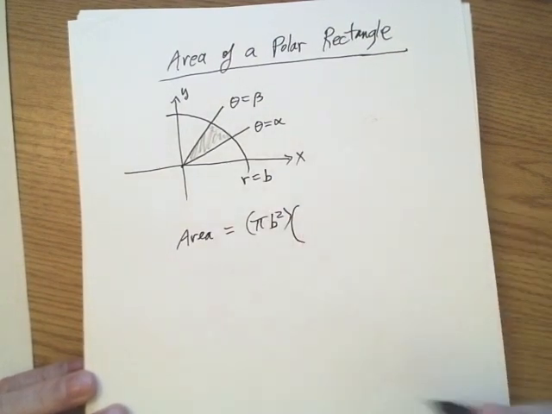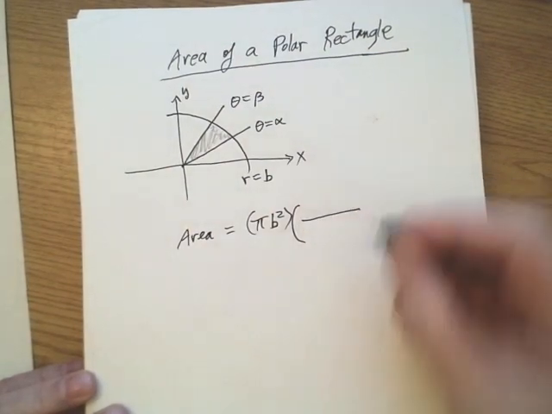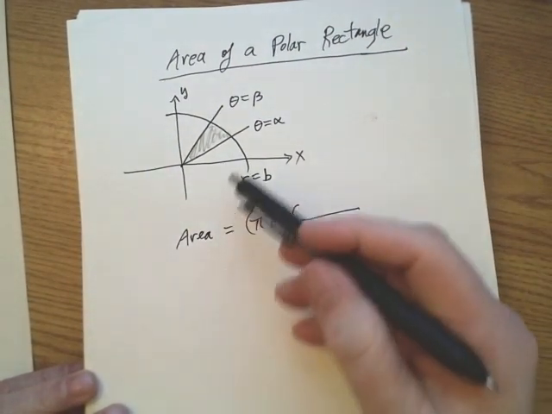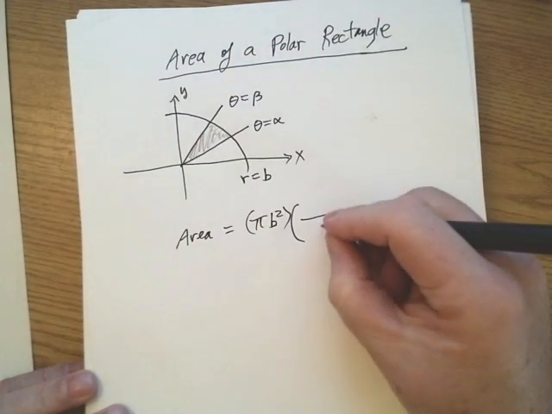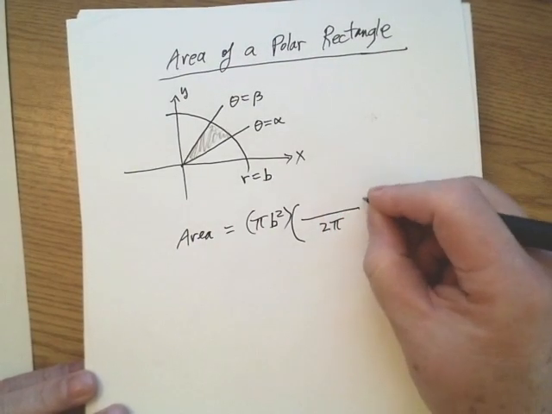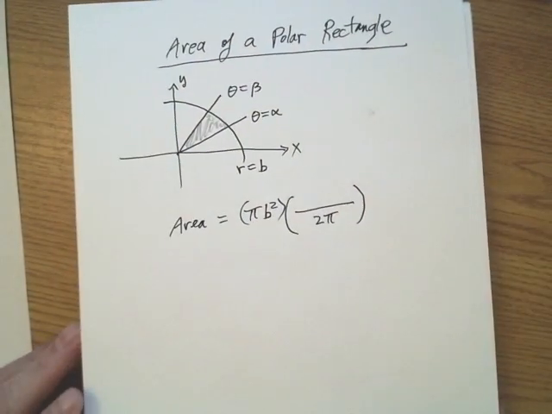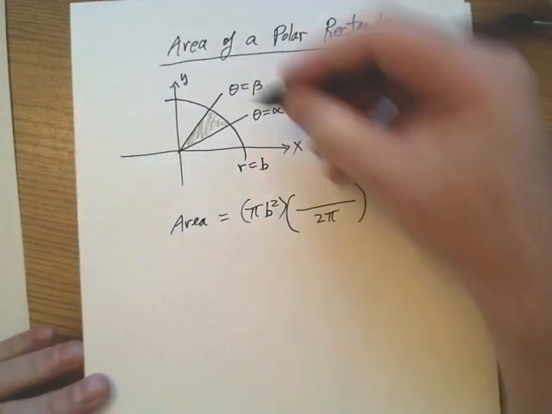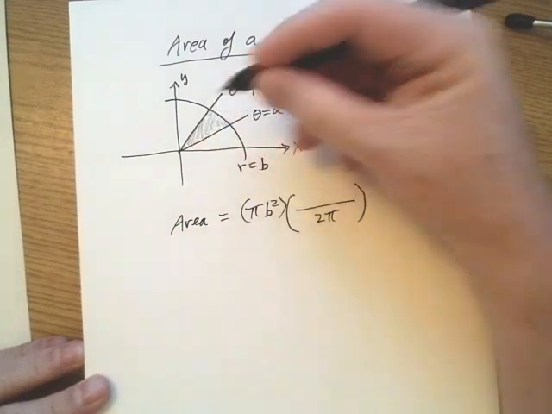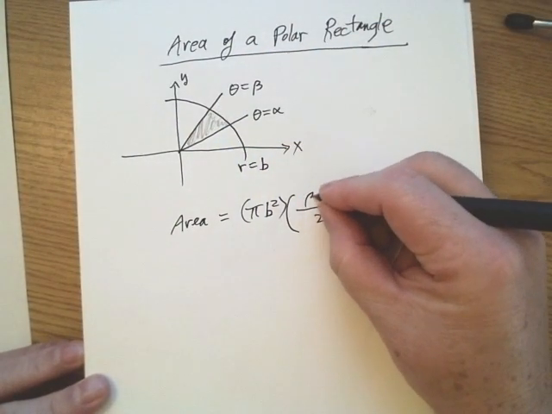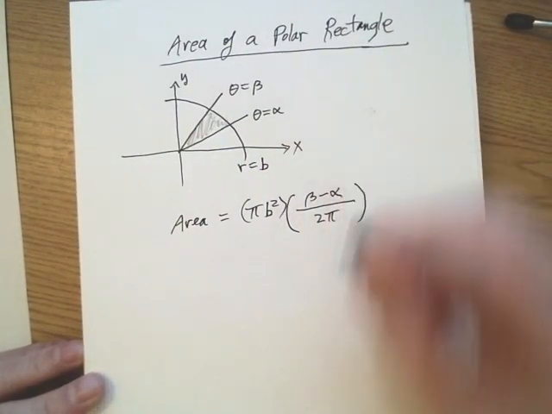And then I'm going to think about, in terms of a whole circle, theta is 2 pi radians. There's 2 pi radians to go all the way around a circle. Now, the angle represented here between these two is just the difference of the angles.